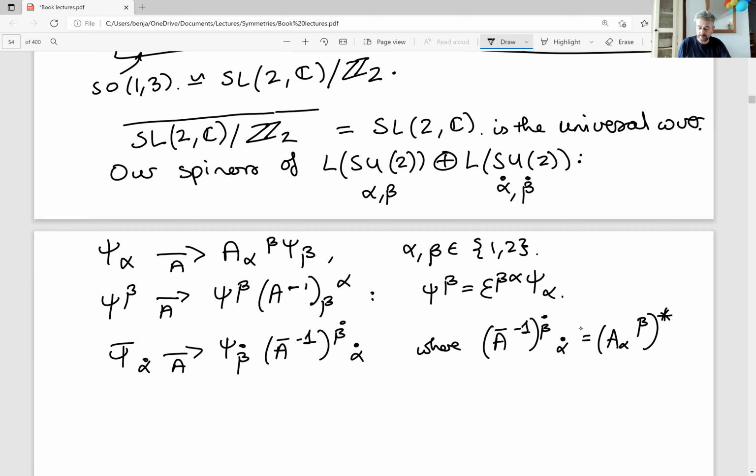Okay, so it's the Hermitian conjugate actually, because I've reversed the order of the row and column indices. And we have chi bar of alpha dot going to A bar alpha dot beta dot chi bar beta dot.